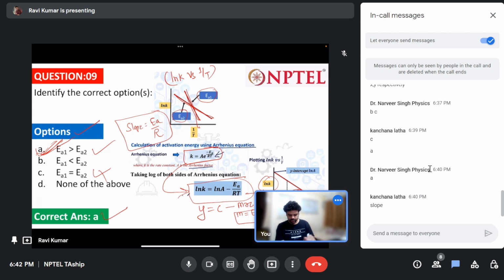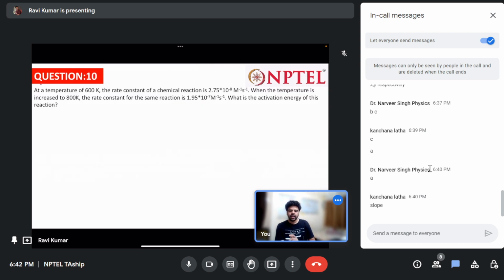Next question. It says at a temperature 600 Kelvin, the rate constant is given 2.75 into 10 raised to the power minus 8 per mole per second. And when the temperature is increased to 800 Kelvin, this rate constant is given as 1.95 into 10 to the power minus 7 per mole per second.